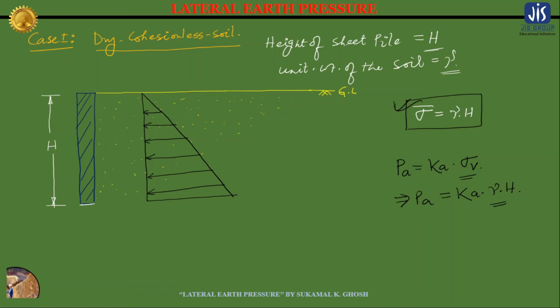And this Pa, the active earth pressure, will be acting, or you can say effective, at the base of the sheet pile, here. So, if this is the pressure diagram, then here the value will be Ka into gamma into h if you want to calculate the active earth pressure. Okay. So, this is the pressure diagram, right?